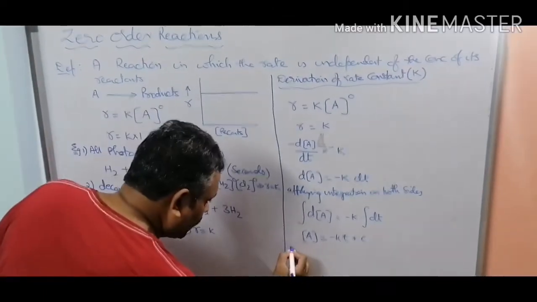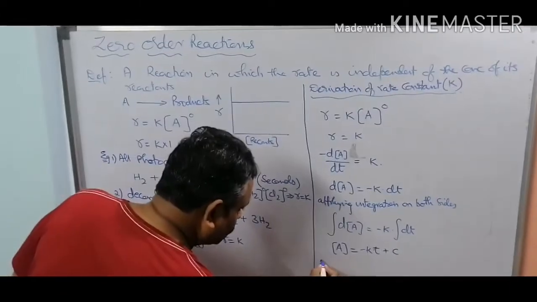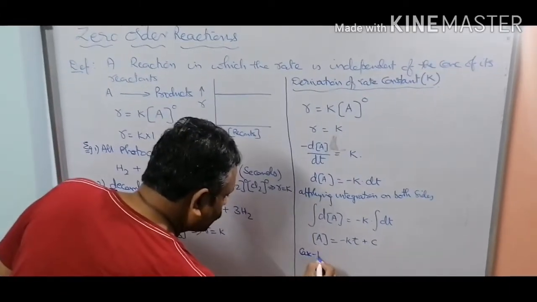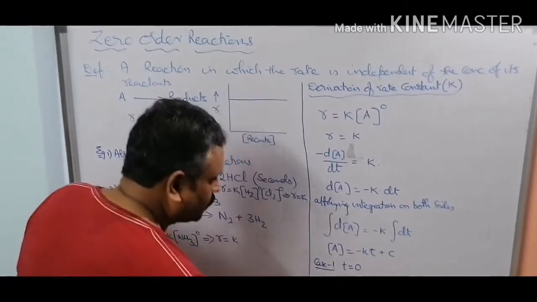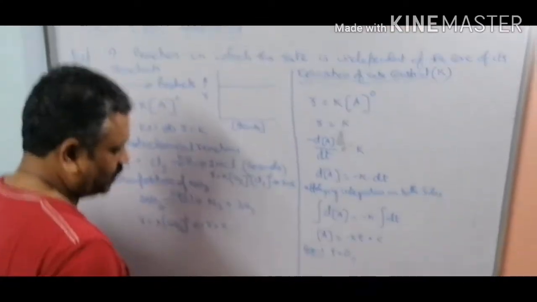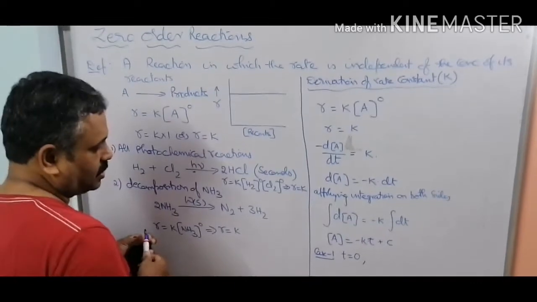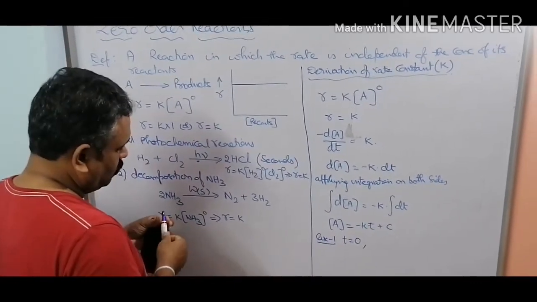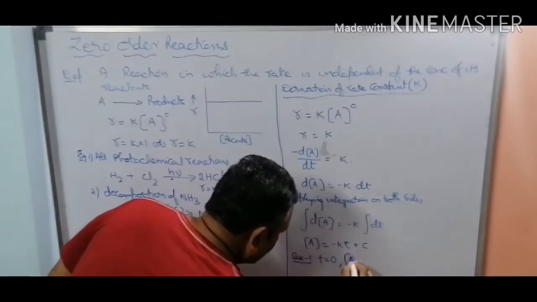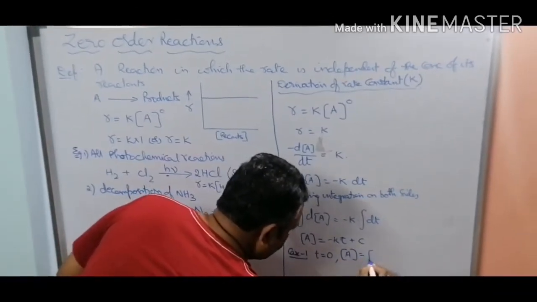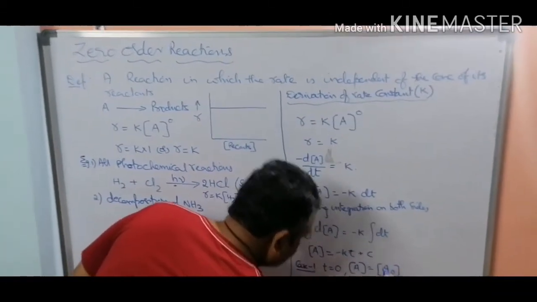Now let us take the first condition in our reaction, which is case 1, when time is equal to 0. We have also spoken about this condition in our first order reactions. When time is 0, the concentration of the reactant will always be equal to [A] naught.